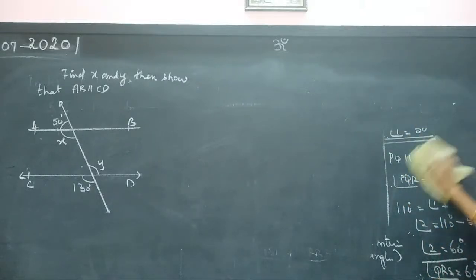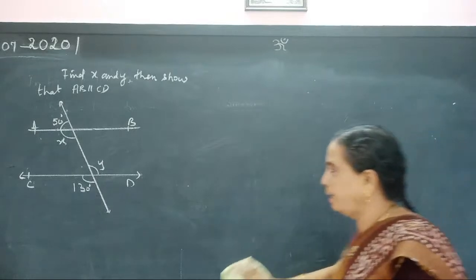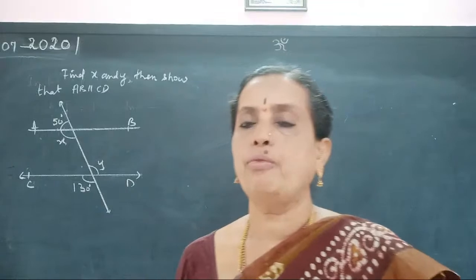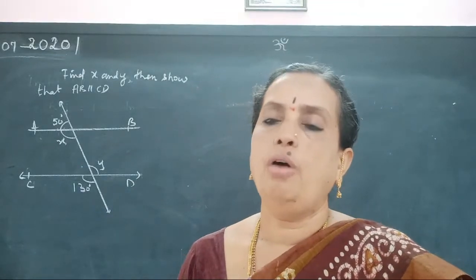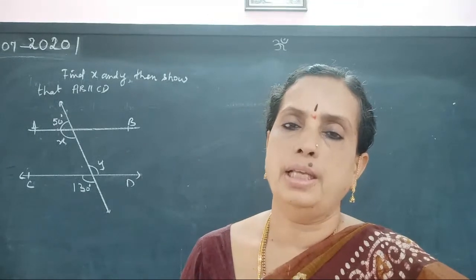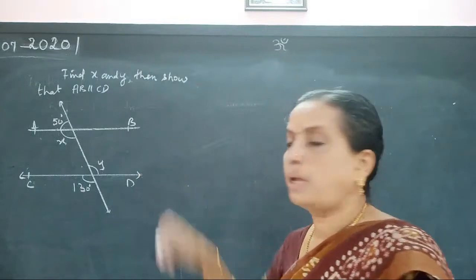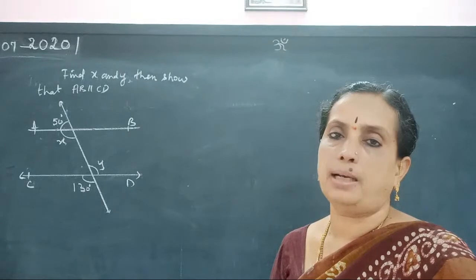I am repeating this because most of the time students will go directly with x equals y. x equals y only when the lines are parallel. Here we have to show how x equals y. Is it clear? In the beginning AB is not given parallel to CD. We need to show that AB is parallel to CD.